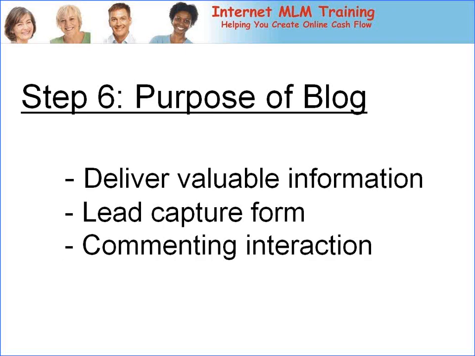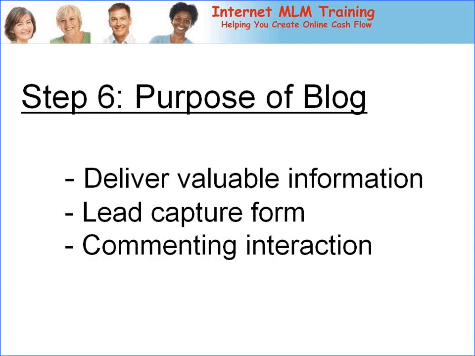And the last step here is take a look at basically the purpose of your blog. This is a training on marketing and building a business, an online business. Whatever type of business you have, whether it's network marketing or your own passion that you want to turn into cash flow in the form of a website presence, or maybe a traditional business you want to get online.